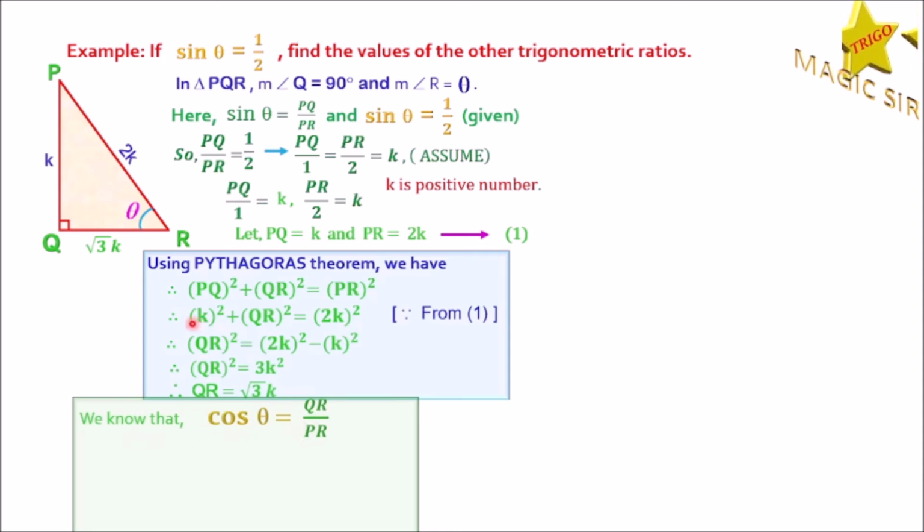Now we know that cos theta is equal to QR upon PR by definition, where QR is equal to root 3 K and PR is equal to 2K.